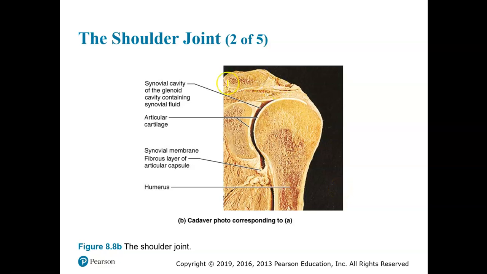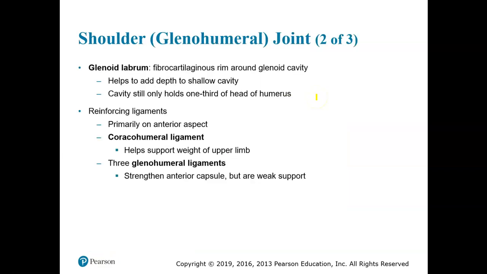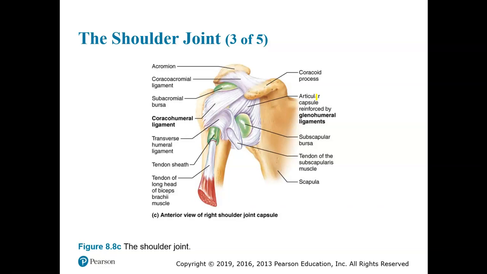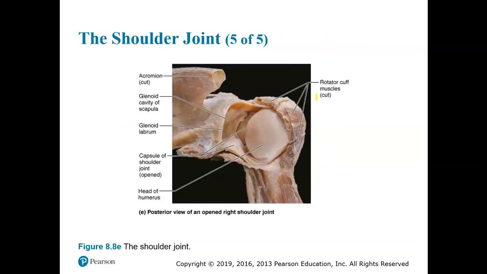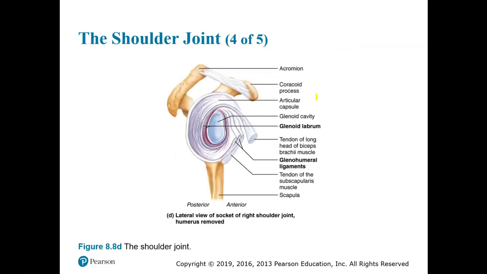And you can see it cut off, but this would be the acromion, the upper projection of the scapula. Before I show you the ligaments, I want to find a better picture that shows you the acromion. Okay, so if you look in the back here, there are two projections of the scapula.